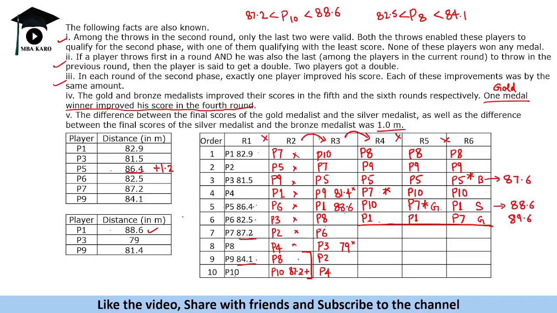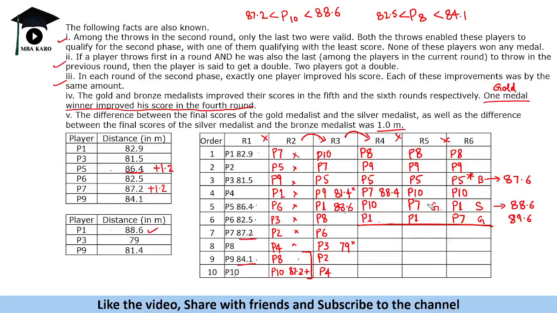Finally it is 87.6, an improvement of 1.2. Now P7, his score till here is 87.2. So first of all he will increase by 1.2: 87.2 plus 1.2, so here P7 will have a score of 88.4. So P7 will jump to this position.